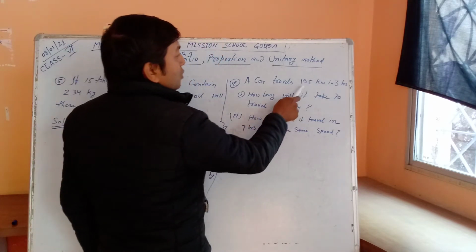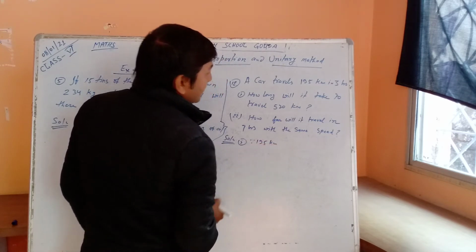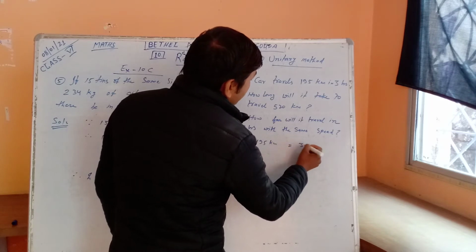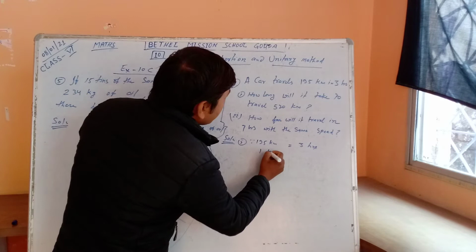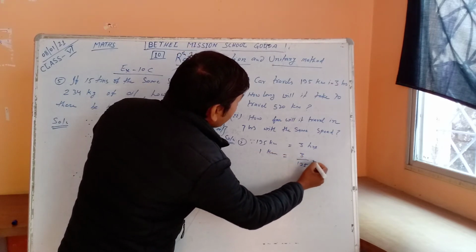Since 195 kilometers take 3 hours, 1 kilometer takes 3 upon 195 hours.